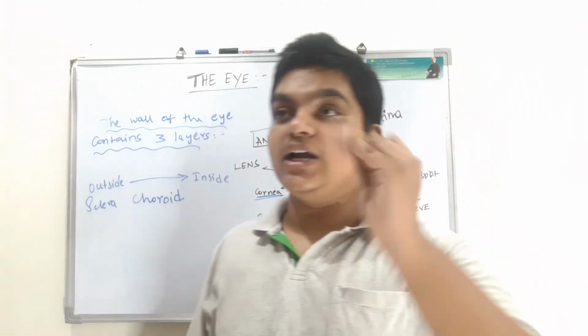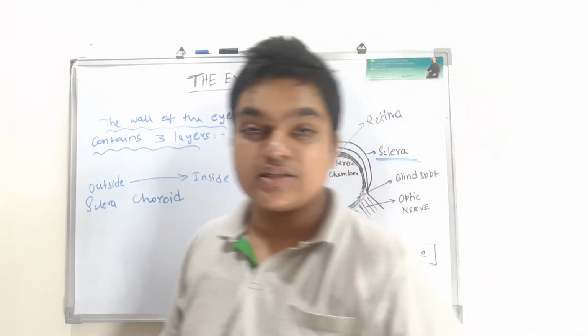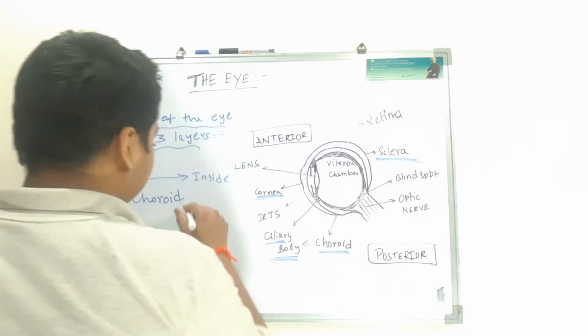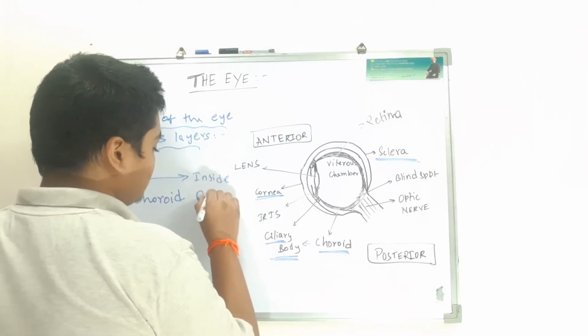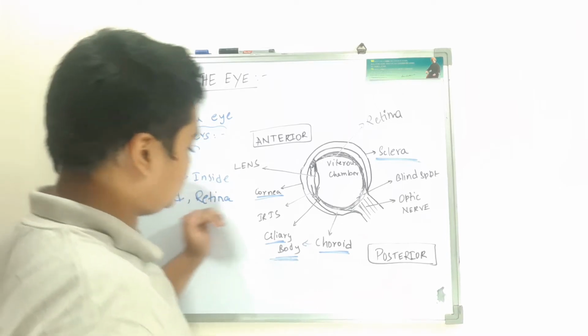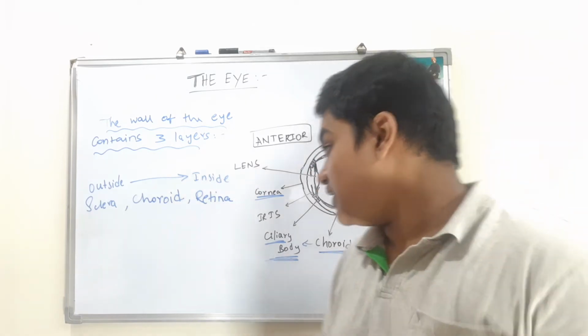Now, the third layer. The third layer is the most important layer, the innermost layer called the retina. Where is the retina?